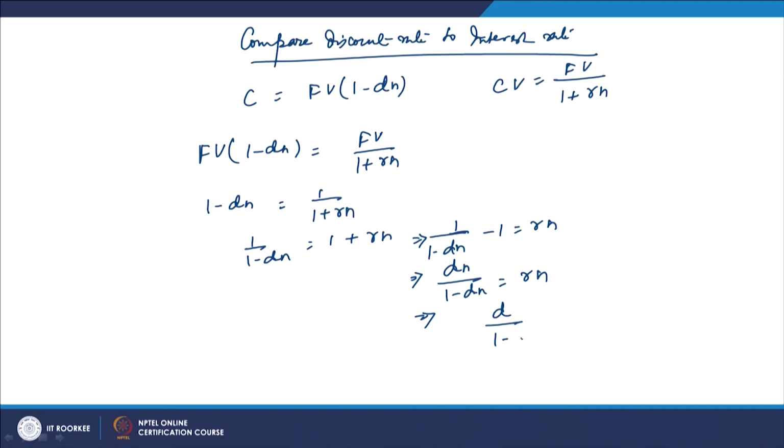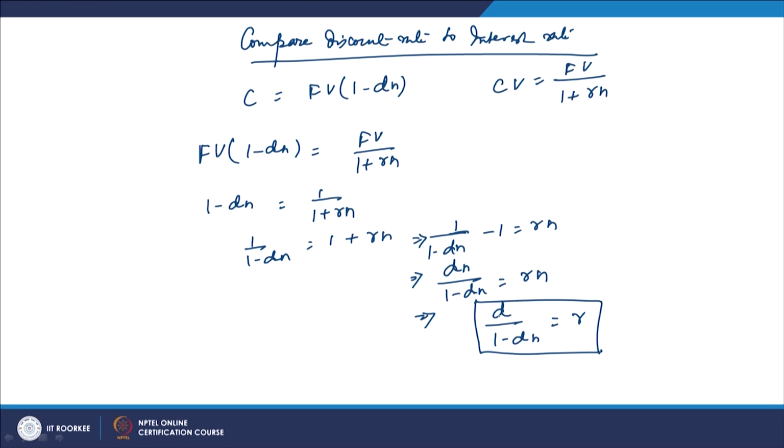Since n cancels from both sides, we get d by 1 minus Dn will be equal to R, and the interest rate is expressed in terms of the discount rate.